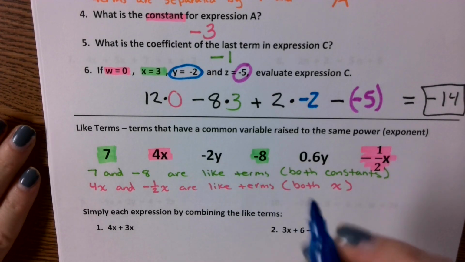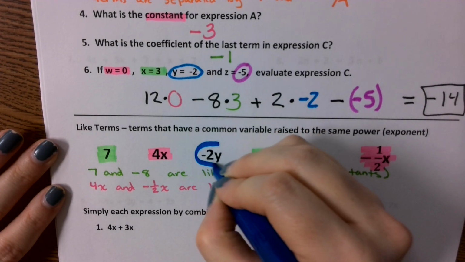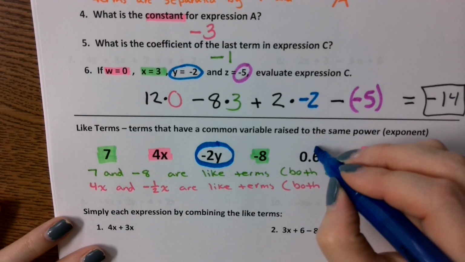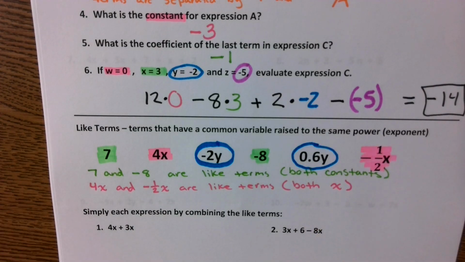Okay, and I'm not going to highlight over the 2y because my highlighter for some reason is really dark. But negative 2y is a like term with 0.6y because what do they have in common? They're y's. They are both terms of y.